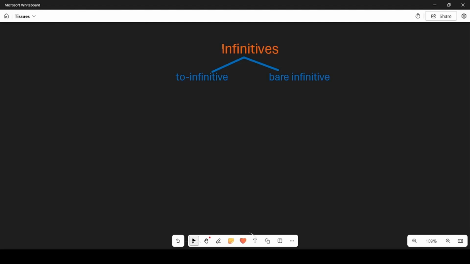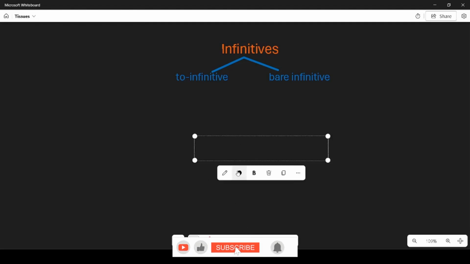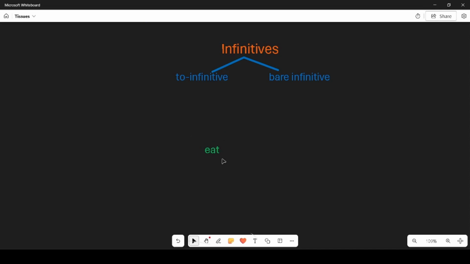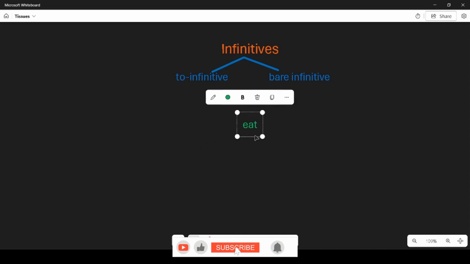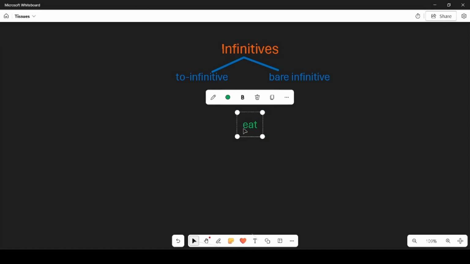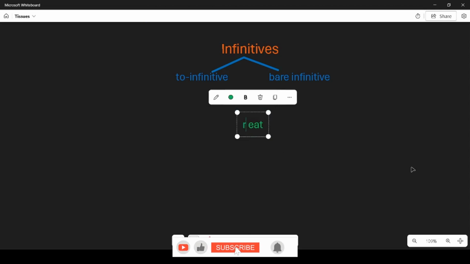So the to infinitive is pretty simple to understand. Let's say we have a verb eat. Now this verb is a finite verb because eat can change to ate. So to make this a non-finite verb, we add the word to it. So to eat.